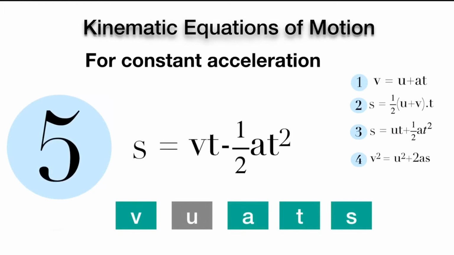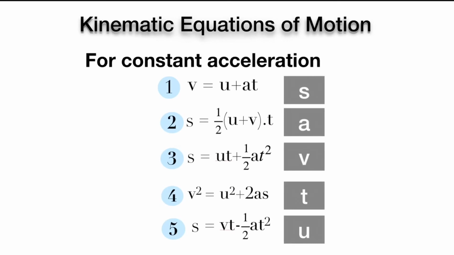This equation also contains 4 variables. So here we saw that we get 5 motion equations for constant acceleration in one dimension. Equation 1 is missing the variable s, similarly equation 2 is missing the variable a, equation 3 v, and 4 t, and 5 is u.